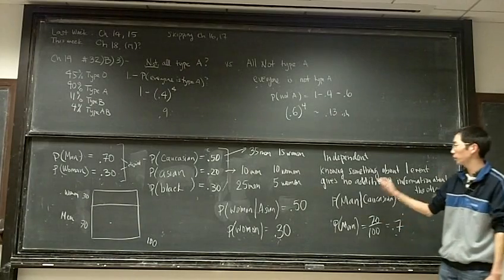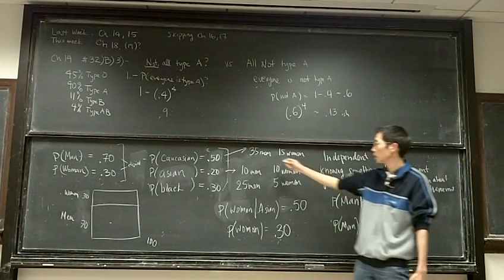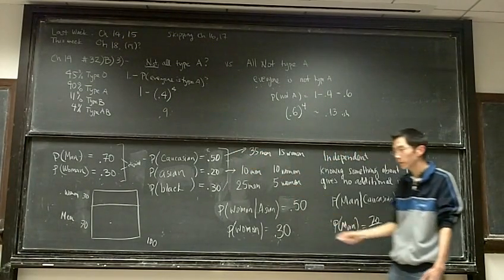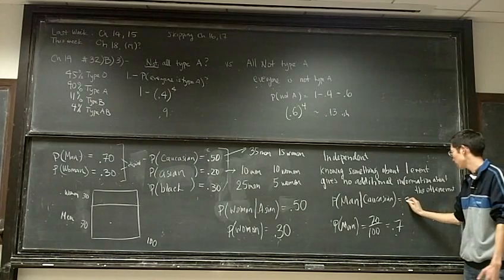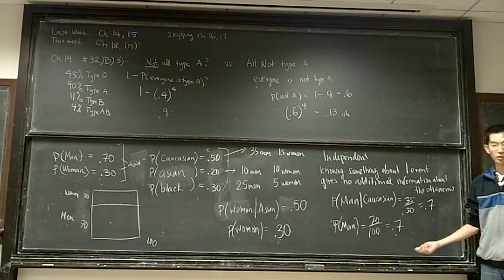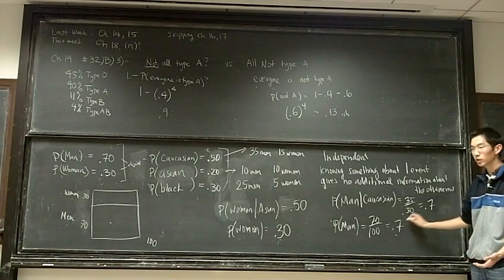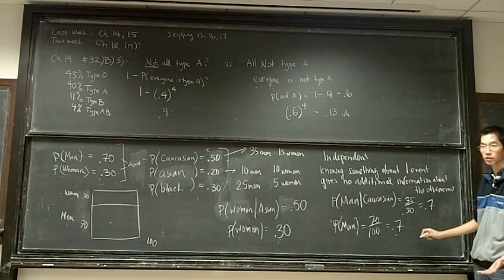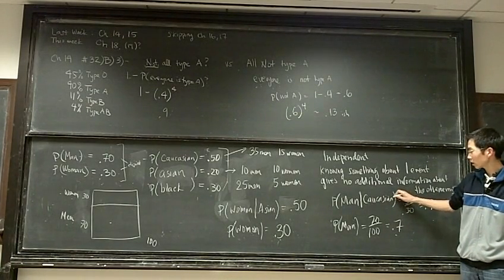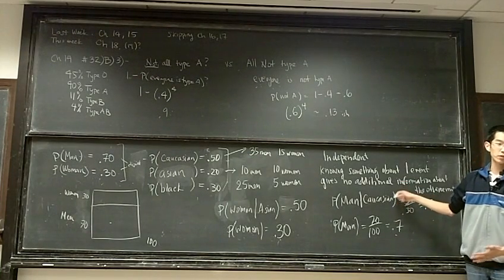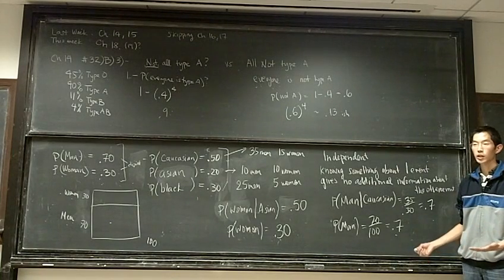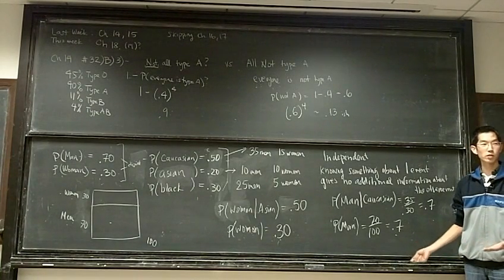And then selecting a man knowing that he's Caucasian, there's 50 Caucasian people, and 35 of them are men. So we have 35 divided by 50, and that's 0.7. So the proportions here are exactly the same. So knowing that a student is Caucasian does not give us any more information about what sex or gender this student is.